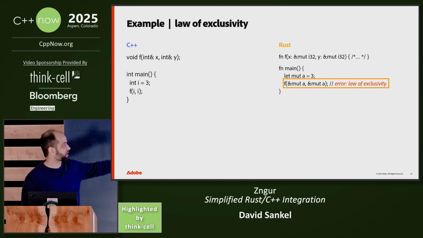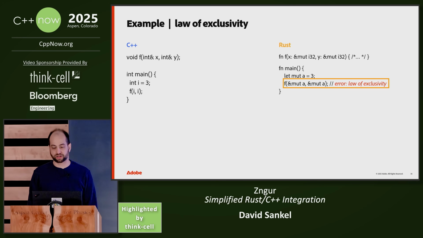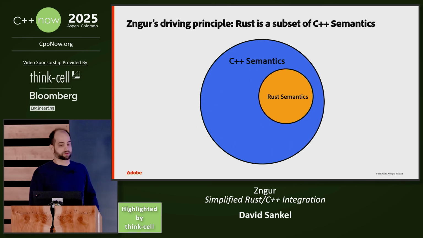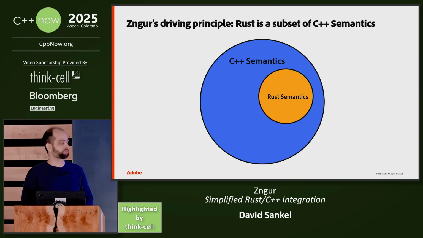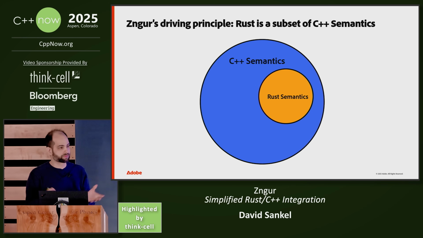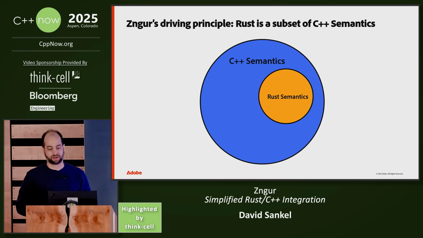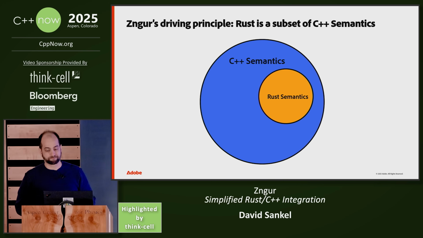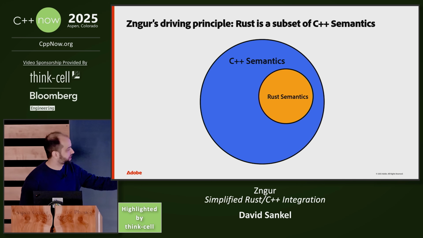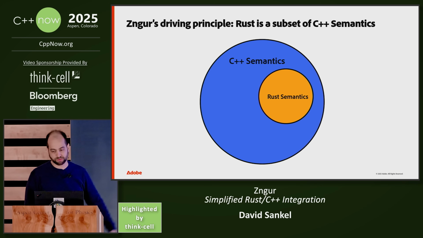So this kind of code, you cannot express it in Rust. So hopefully this builds up the idea that Rust semantics are really a subset of the C++ semantics. Everything that you can express in Rust, you should be able to express in C++, but not the other way around.